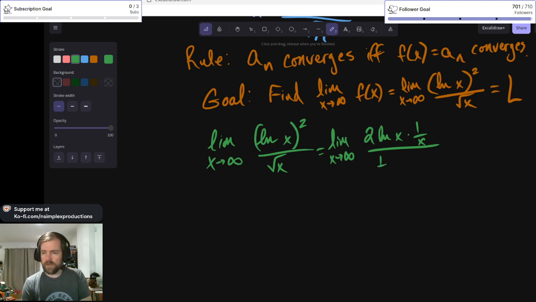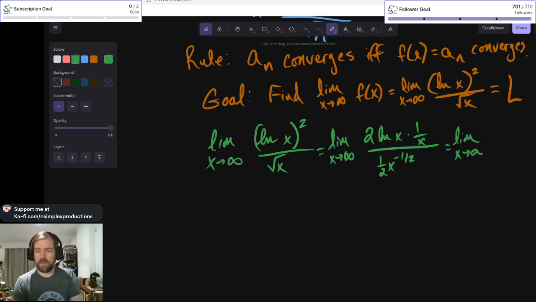The denominator becomes 1/2 x to the negative 1/2. If we simplify, multiply both top and bottom by 2, we get 4 on the top and 1 on the bottom.